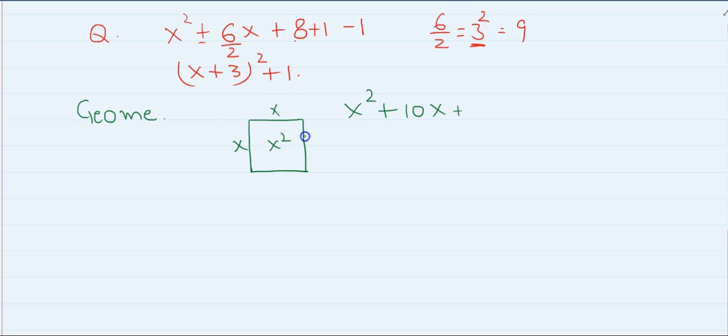So this is x square. Now 10x, this is x, and say this is 10, and say this is x. This is 10, this is x, so this is 10x.